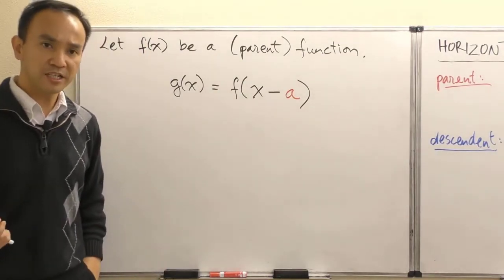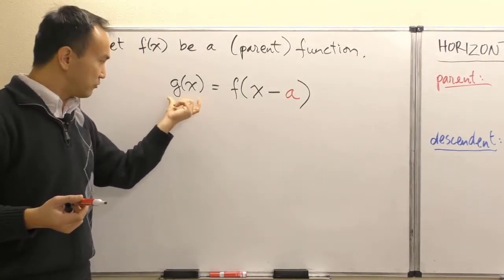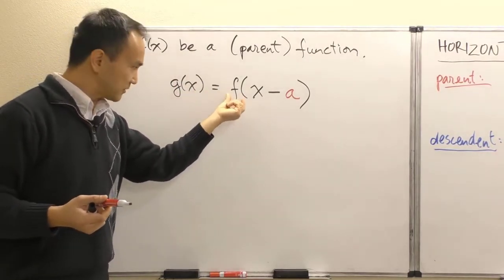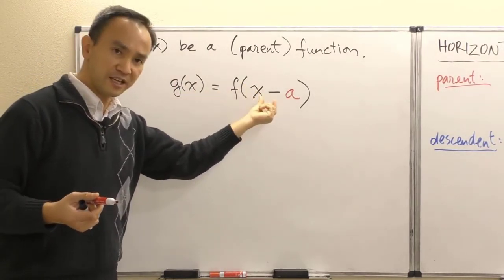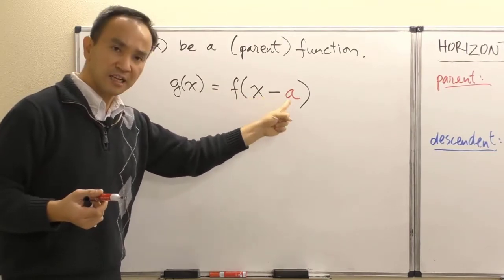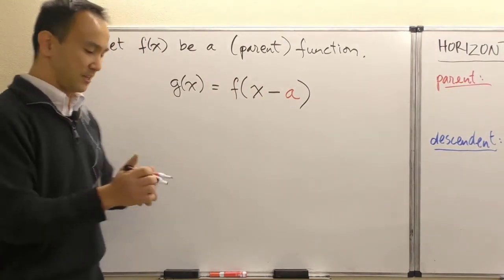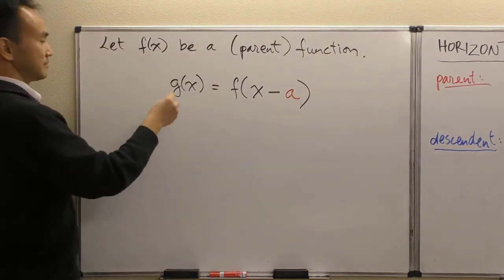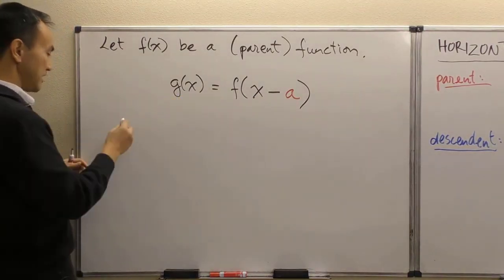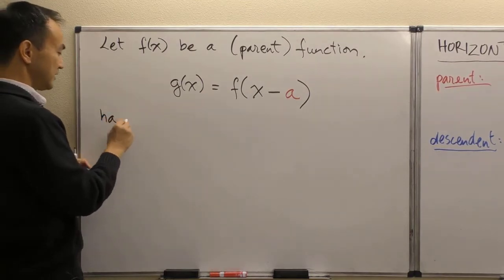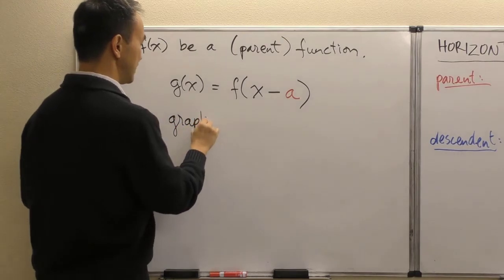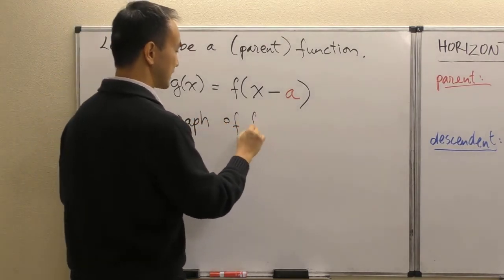But generally, anytime we're defining a function g from the parent function, taking the input as x subtract a value, then this function here, g of x as defined, has the graph of f of x.